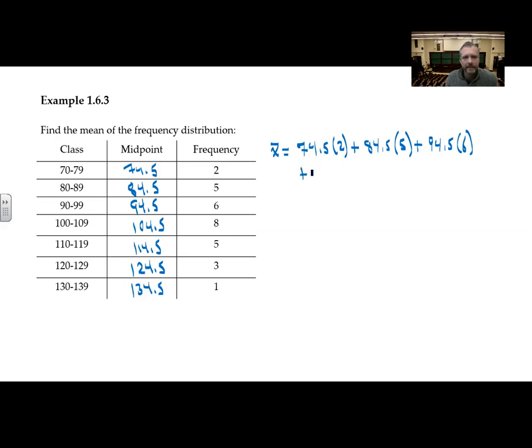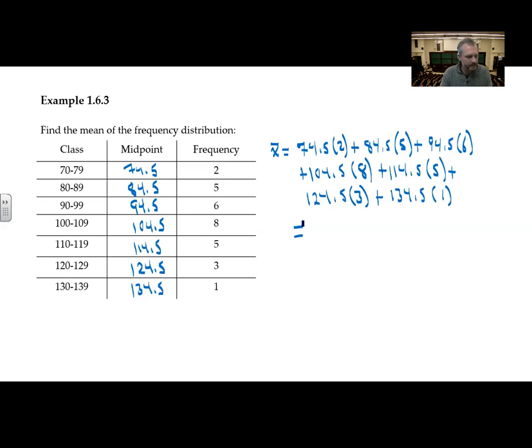Plus 104.5. Frequency 8. Plus 114.5. The frequency of 5. Plus 124.5 with a frequency of 3, plus 134.5 with a frequency of 1.